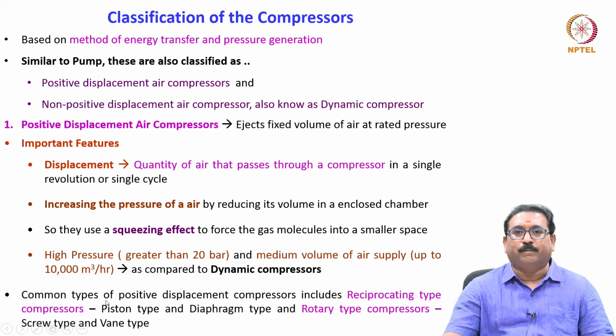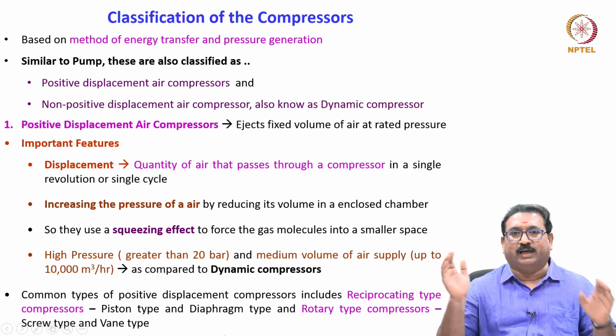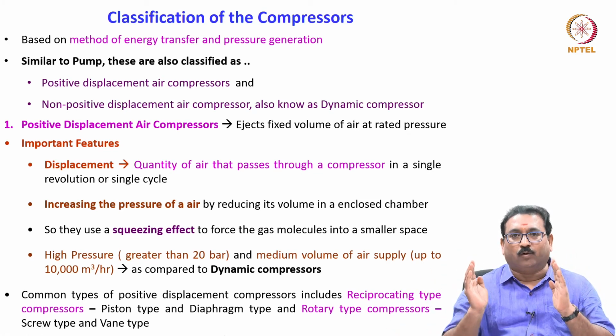Common types of positive displacement compressors include the reciprocating type compressors. Here we will discuss today the piston type and diaphragm type, and rotary type compressors, again here the screw type and vane type. Please remember, friends, here also the positive displacement pumps are classified as reciprocating and rotary.